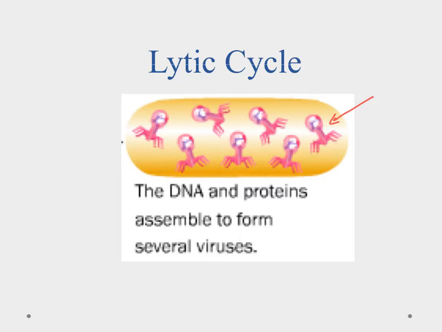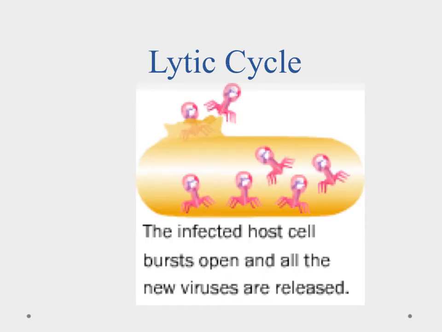Now the proteins will fold over and they'll form more of these capsids for the virus, and the DNA will then come in there, and we'll notice that we're starting to assemble many viruses. So the cell that was injected with this DNA from the virus has started to make more and more viruses. And the net result is this host cell will then rupture and release more viruses out, which can then go on and repeat this process.